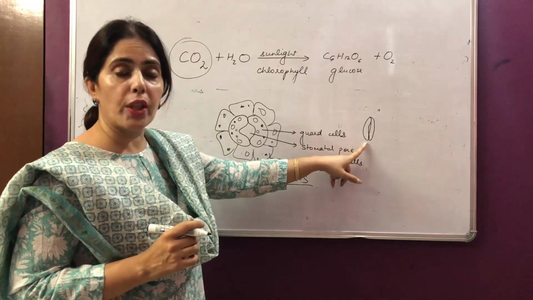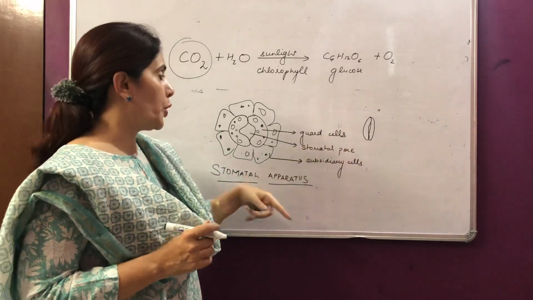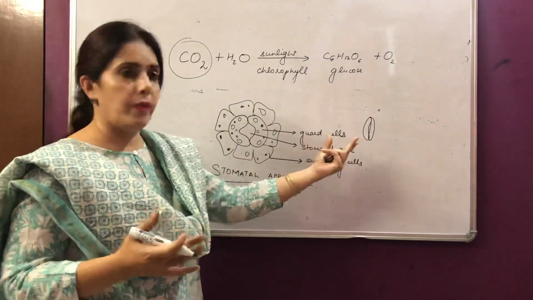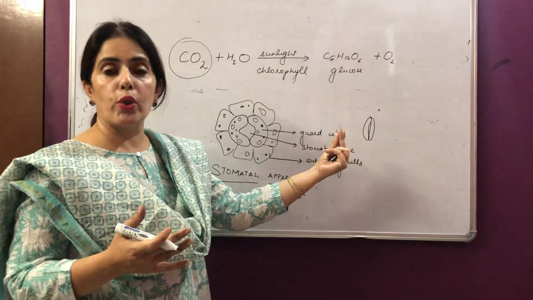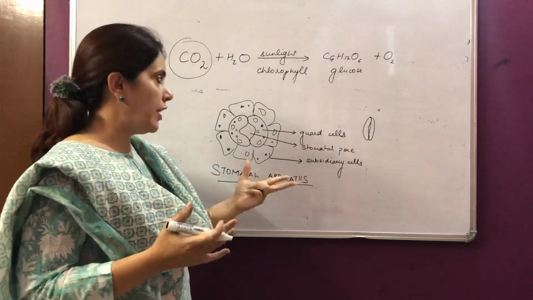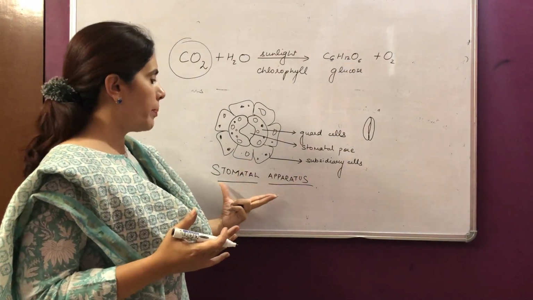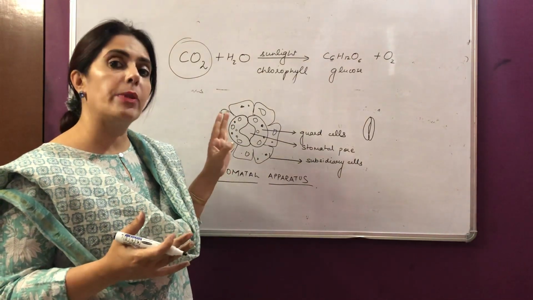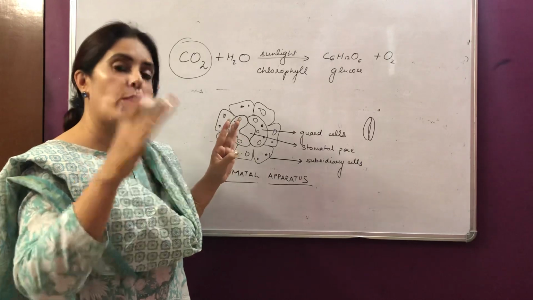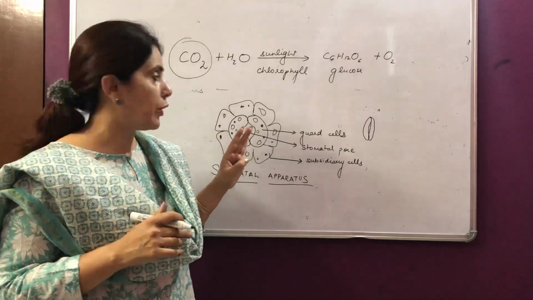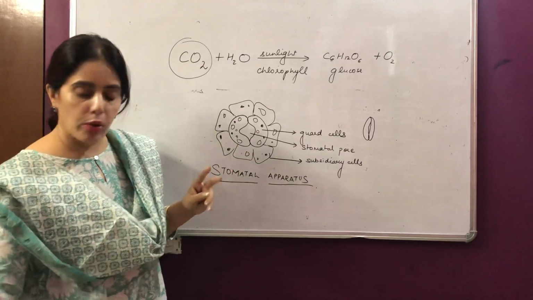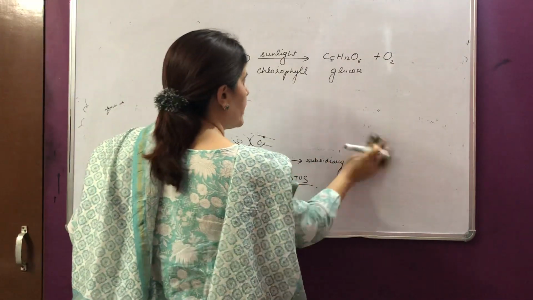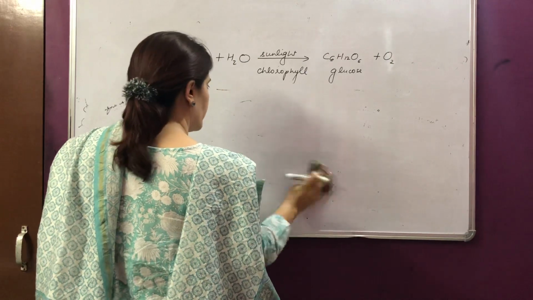Transpiration means loss of water. To stop the loss of water and to stop the exchange of gases, it becomes flaccid and the pore closes on itself. So it is very natural in the plants, and this is a stomatal apparatus. So stomata helps in exchange of gases as well as it helps in transpiration, means liberation of water molecules to the surrounding atmosphere, right?